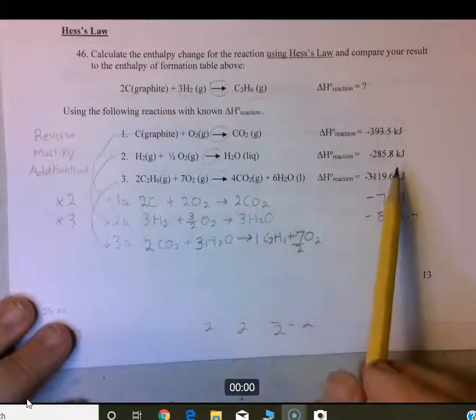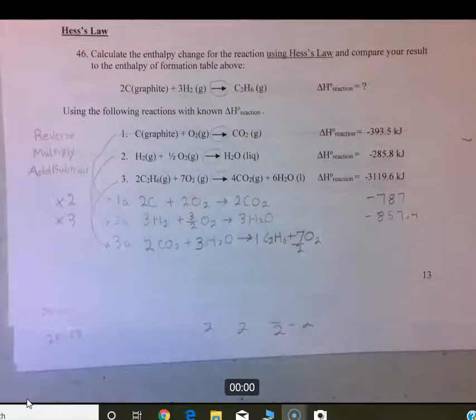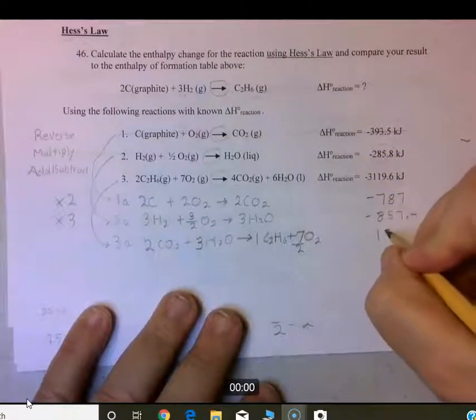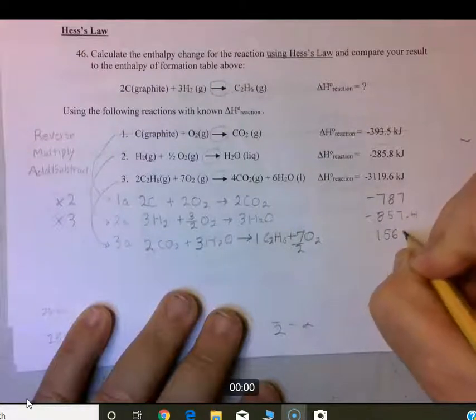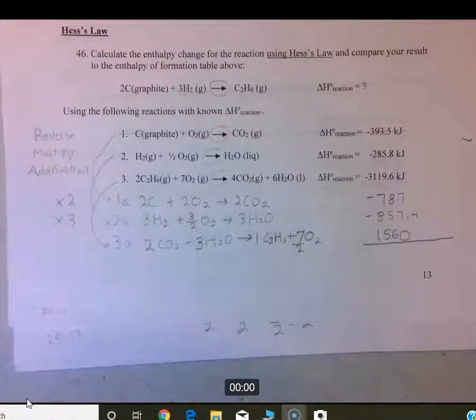All right, so what that means, what do I have to do to this? I have to change the sign and I have to divide it by 2. So when you do that, it gives you 1560, and it's going to be a positive 1560 because of the sign change. Okay, so those numbers should give us the answer.